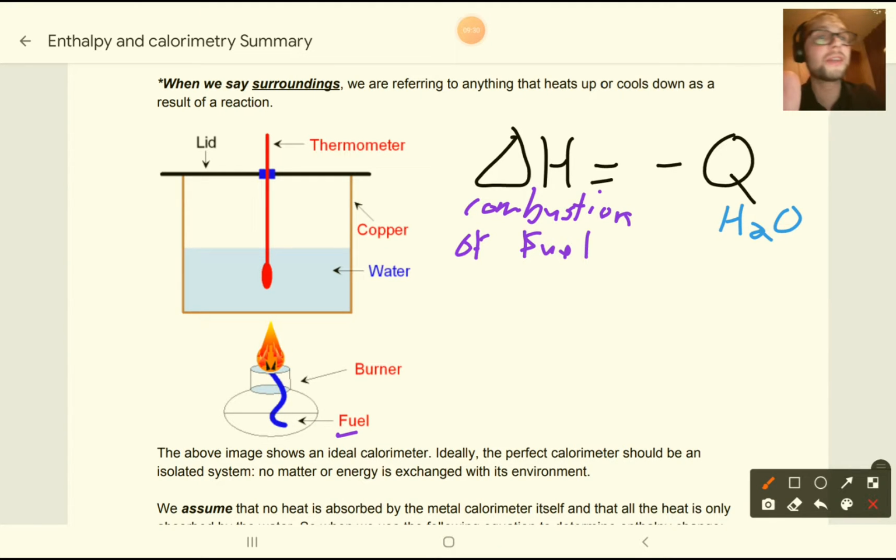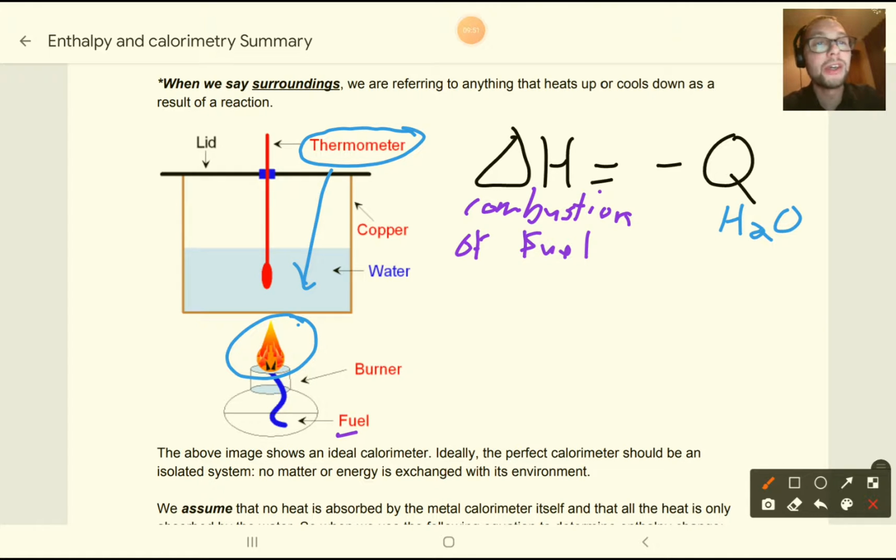And I know that there's a copper can here and everything, but we'll talk about some assumptions that we make shortly. But whatever energy change this is experiencing is going to be told by the change in temperature of the water, because energy has to be conserved.